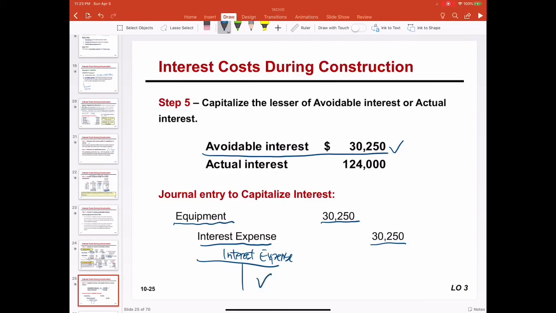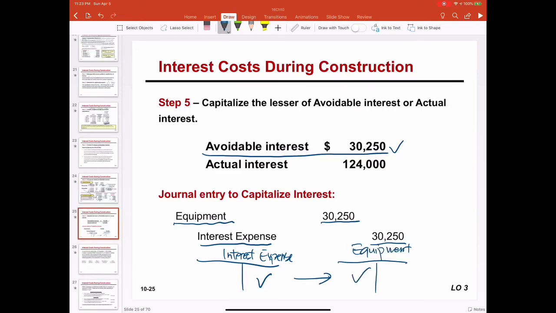That means this journal entry capitalizes part of interest expense as an asset. We can consider this transaction in a different way. The firm deferred this interest expense recognition by first recognizing it as part of the value of the asset, and we know equipment will finally be depreciated.